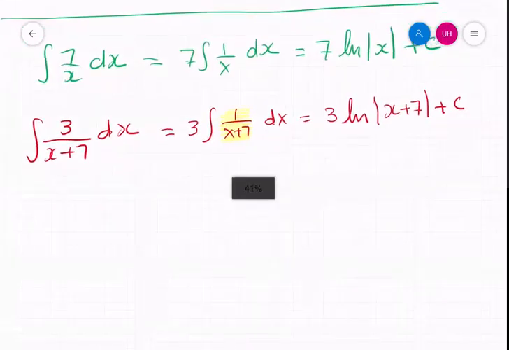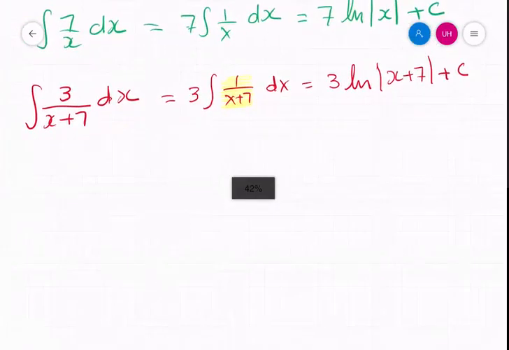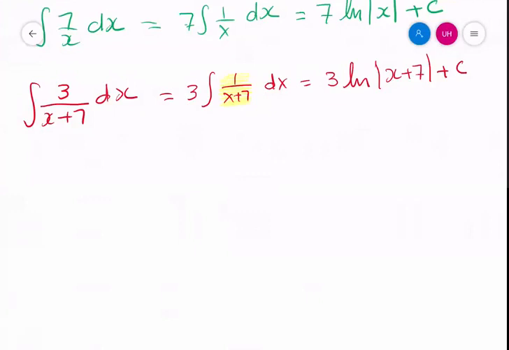And the next one is, which color now? Orange. The next one is the integral of 4 over 5x plus 37. It was something similar to this one.